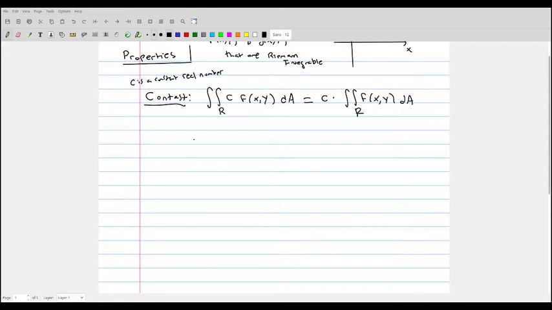The idea behind this, if you want to prove this or show this, we'll do a justification. Well, the Riemann sum for this function, c times f of x y, is just going to be of the form a double summation from i equals 1 to n, and j equals 1 to n, of c times the function at the sample point, times delta A i j.